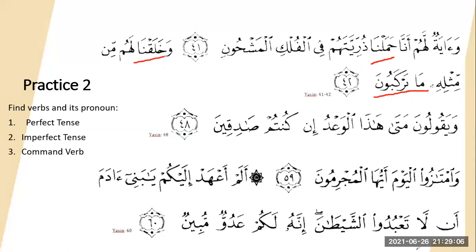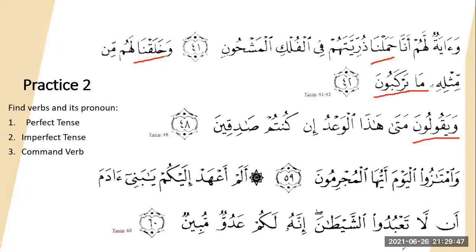We have yaquluna. How do you translate that? Ya is third person. Wow means plural. So they say. Yes, they say. So that's the verb.